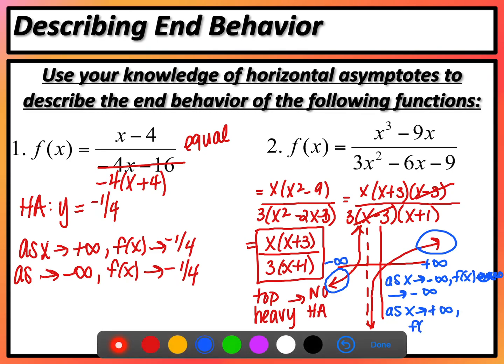And as x approaches positive infinity, what is my right side arrow doing? Looks to be increasing. So f of x is going towards positive infinity. Okay, so you do need a grapher. You may use the grapher when there is no horizontal asymptote in order to determine your end behavior.